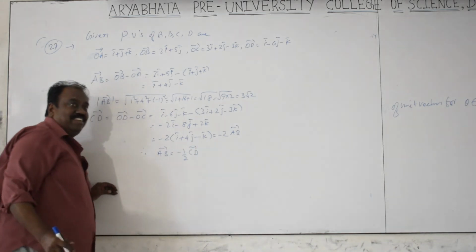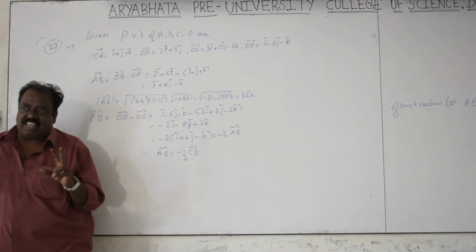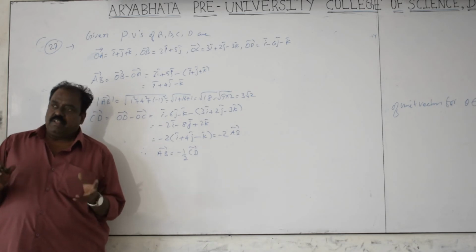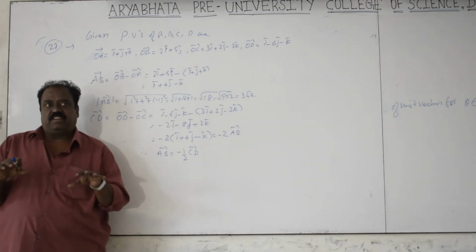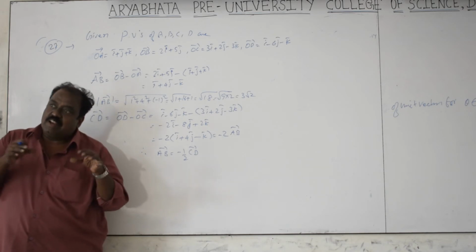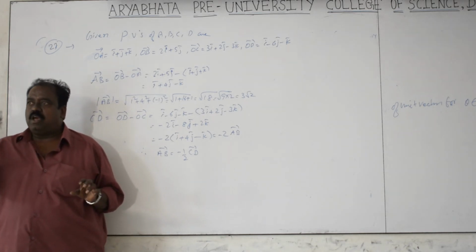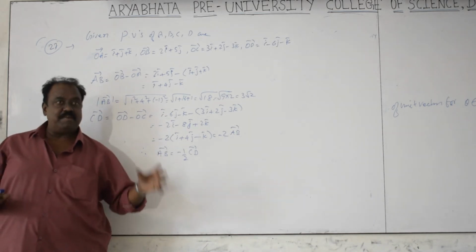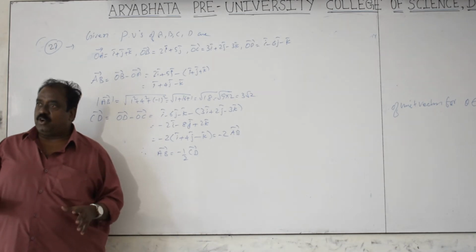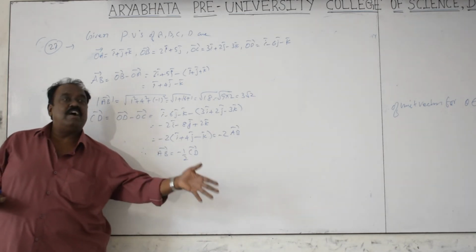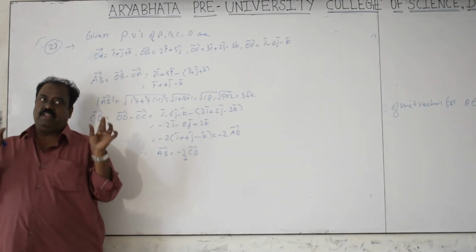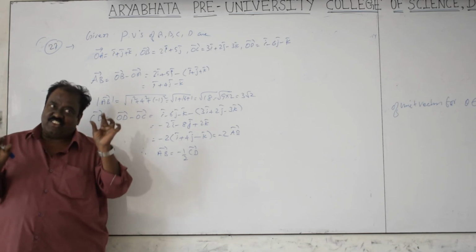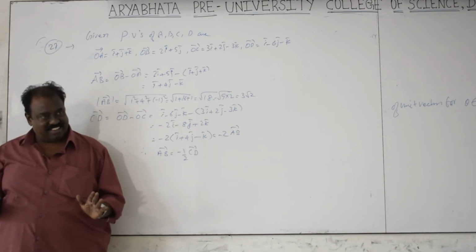Please try to understand: if any two vectors are equal with any coefficient, any scalar multiple, that means A bar equals 5B bar, or 6A bar equals minus 7B bar, or X bar equals 13 by 9 B bar, like that, then they are collinear.